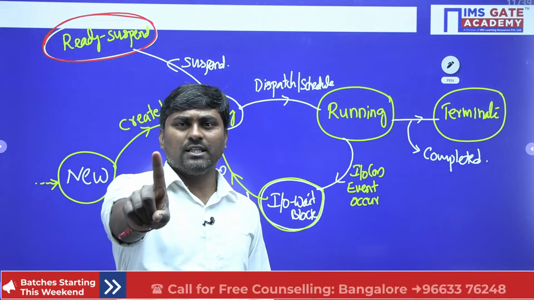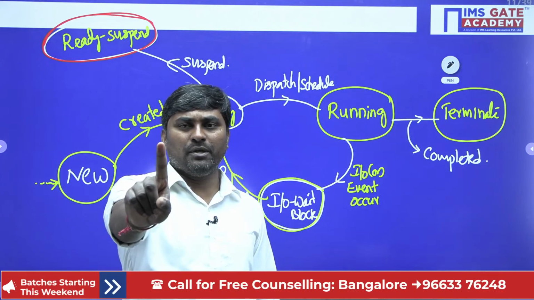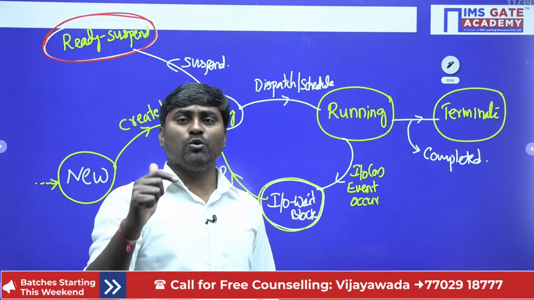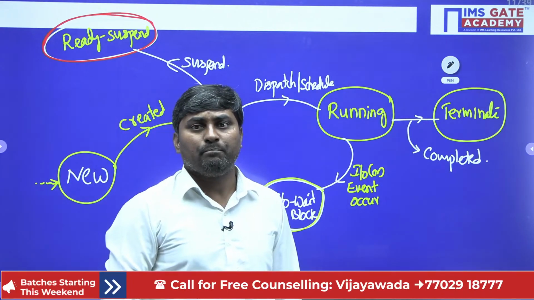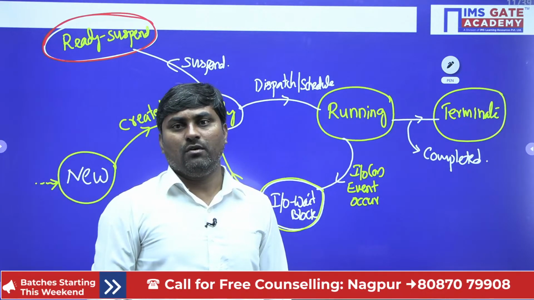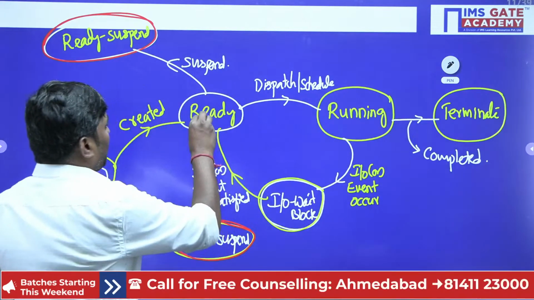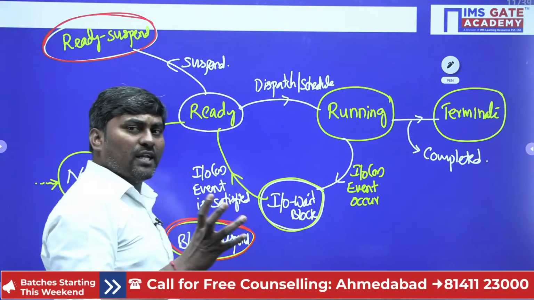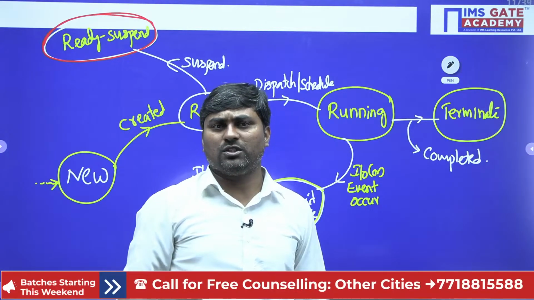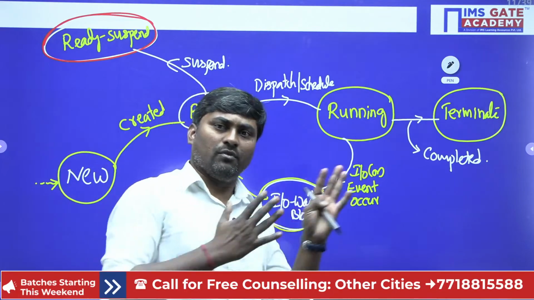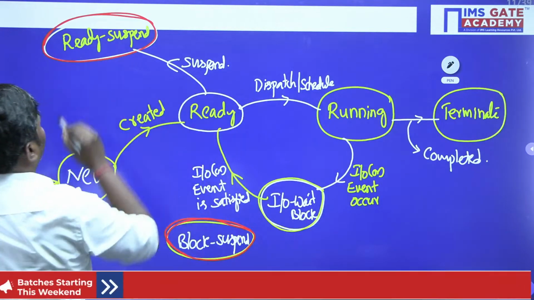Are you able to understand the situation, all of you? Everyone please respond. Are you able to understand the situation where a process is required to be suspended? Situation number 1: a high priority process wants to come in and no space is available. The process waiting in the ready state, which generally holds fresh, recently loaded processes, is suspended temporarily and moved to secondary memory.